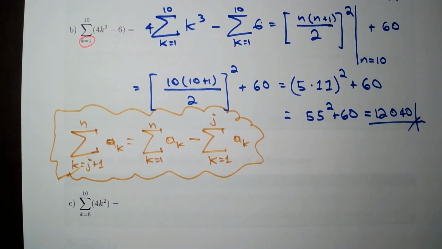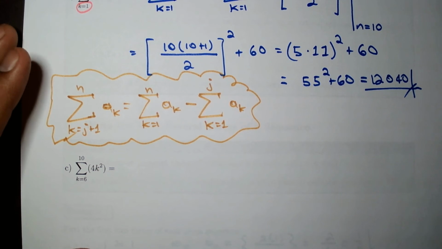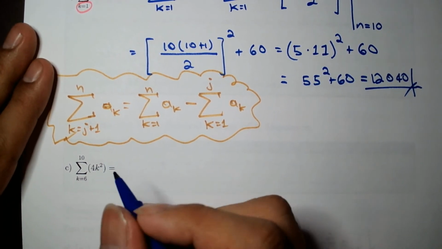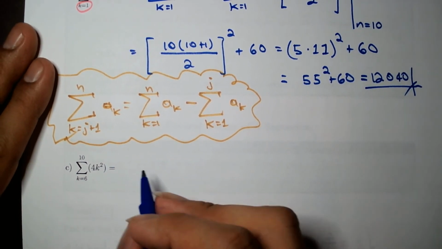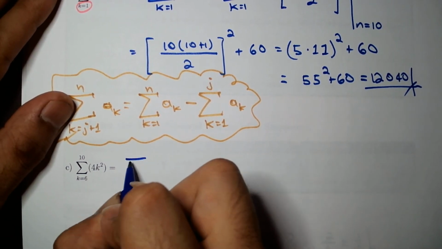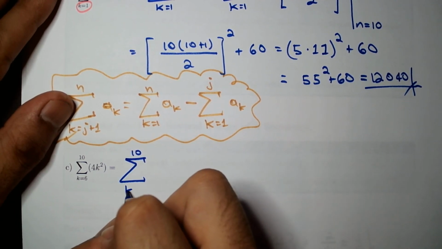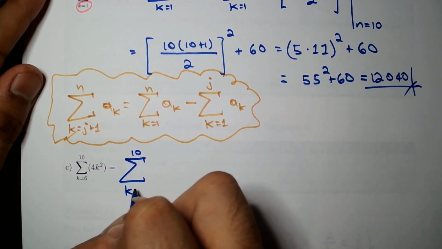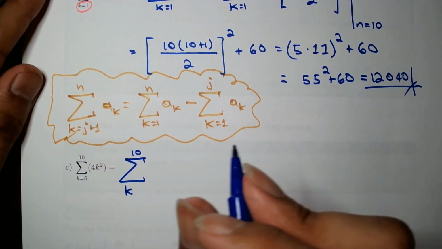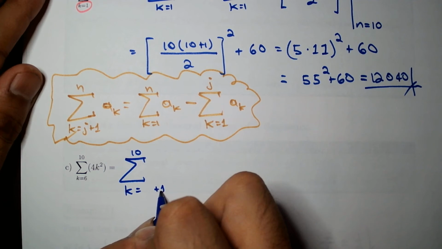Alright, so in this case, you want to start your index at 1. So let's try to write a 1 in there. k equals to, in this case, something plus 1.